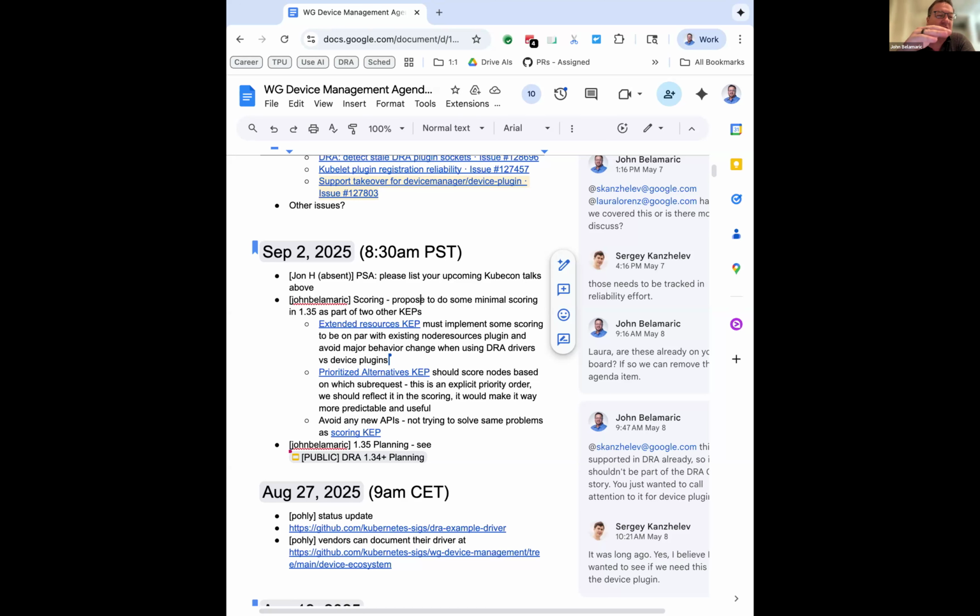So a node that satisfies it using the second sub request has a worse score than the node that uses the first sub request. So again, no expectation of user tweakability here, but I wanted to raise it here because this is a kind of deviation from our earlier discussion, and we're not going to do the big scoring cap anytime soon. But we did want to introduce some scoring.